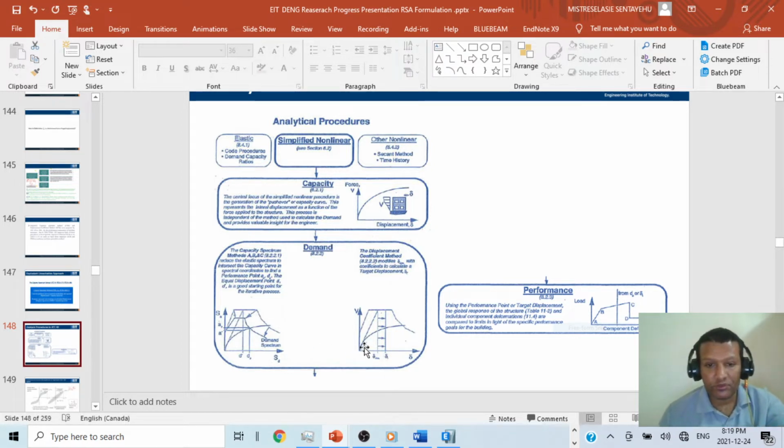Once we know the performance point, we check the performance using the performance point or target displacement, the global response of the structure, table 11.2 I will show you, and individual component deformation. Then we will check the specified performance of the building.